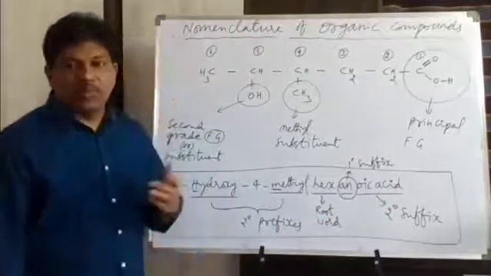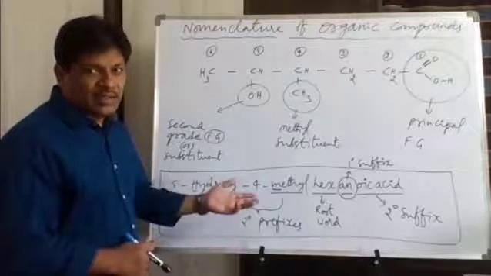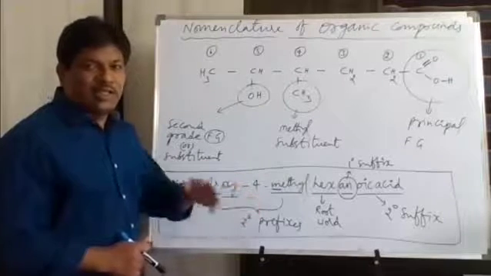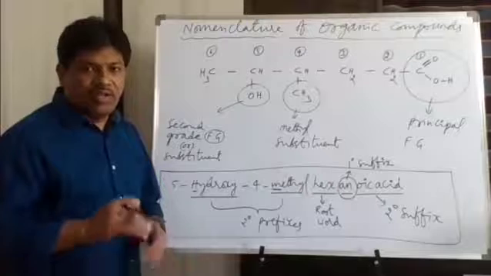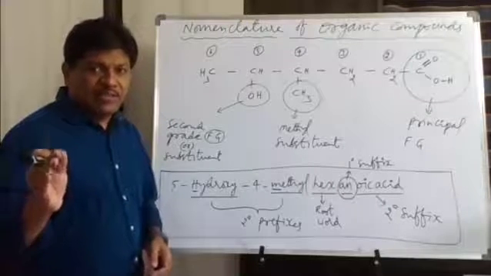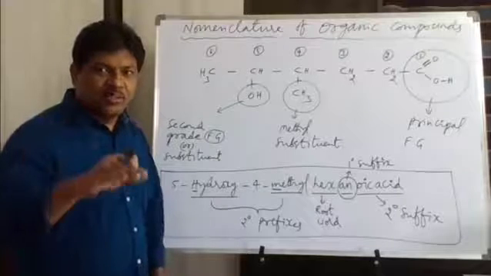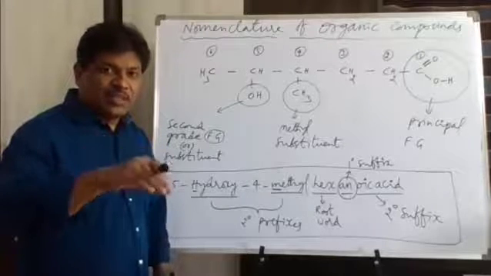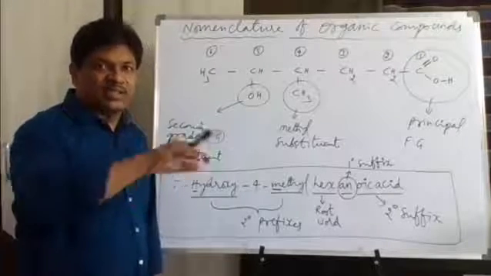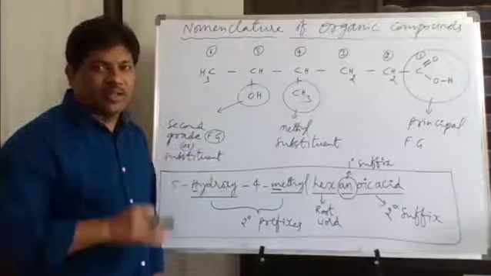When we discuss different types of IUPAC names, then we will be able to understand different parts of this IUPAC name. In the previous session, I told you that there will be different types of parts like numerical prefixes, secondary prefixes, primary prefix.